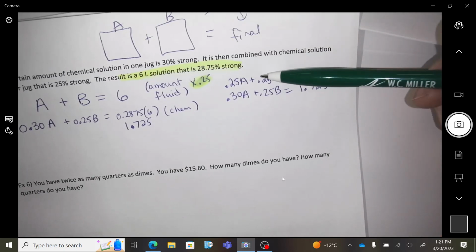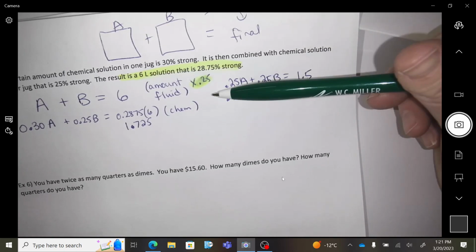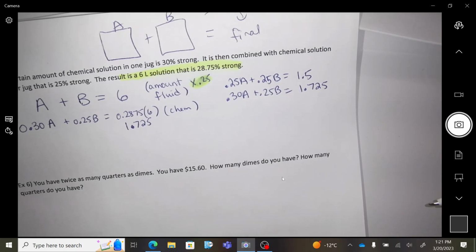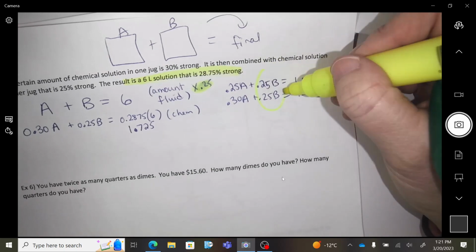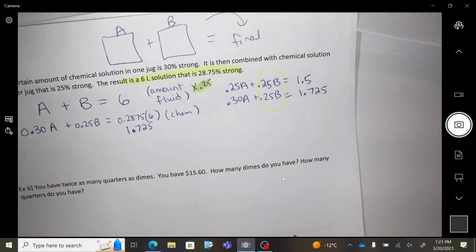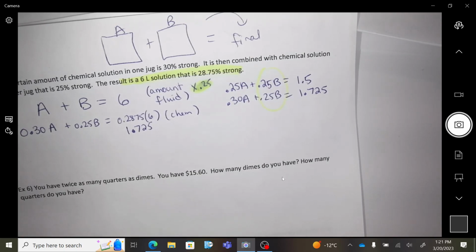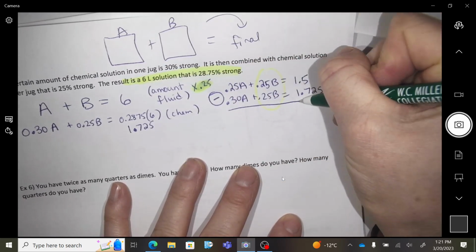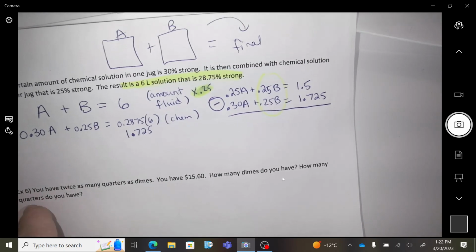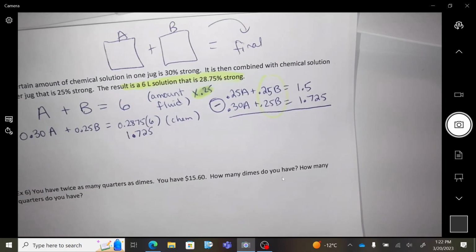So we multiplied the top equation by 0.25, and then we left the second equation. Look at what we set up. Now it looks the same. How do I get rid of them? Should I add or subtract the lines together? Subtract. So 0.25 minus 0.3.